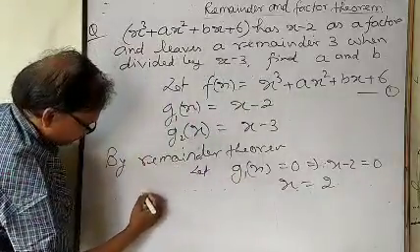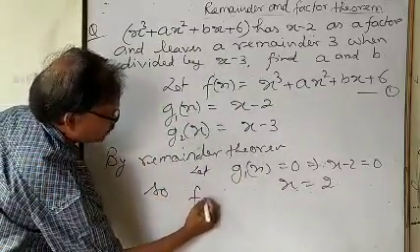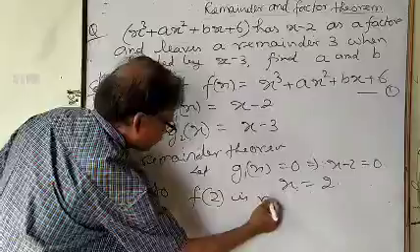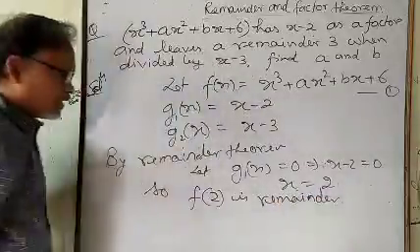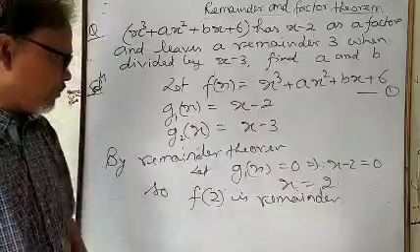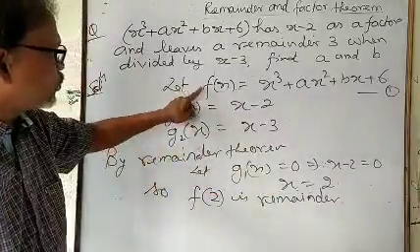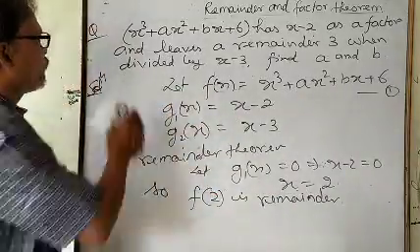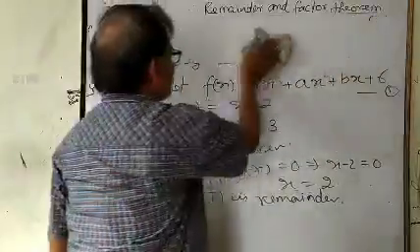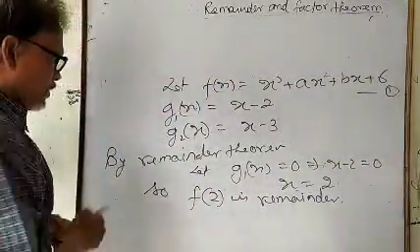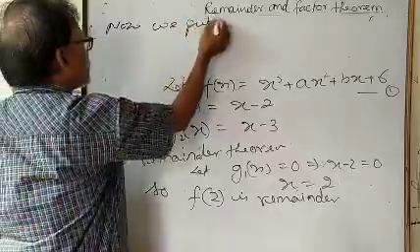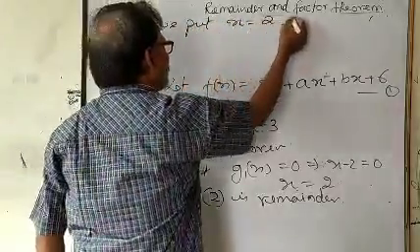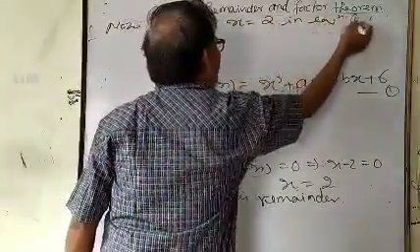It means f2 is the remainder, and put the value x is equal to 2 in equation number 1.